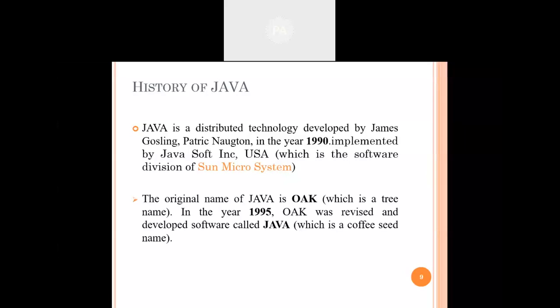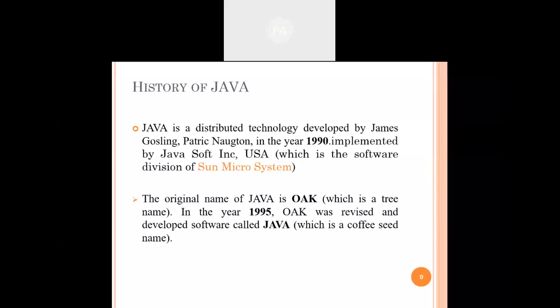Okay, so Java is a distributed technology developed by James Gosling, the main author of the Java language. We all know that the first author is James Gosling and the second one is Patrick.